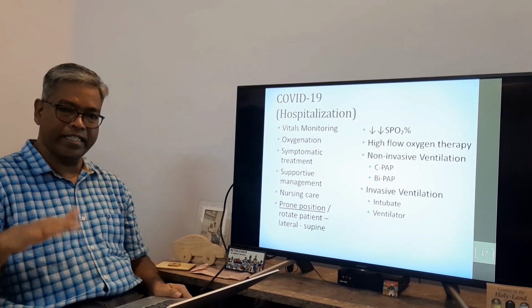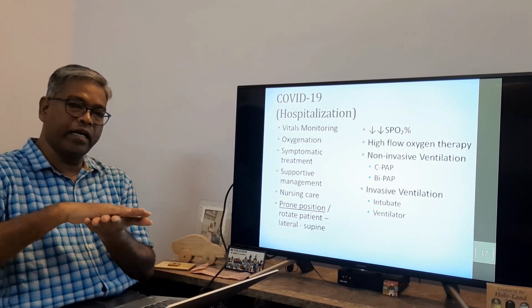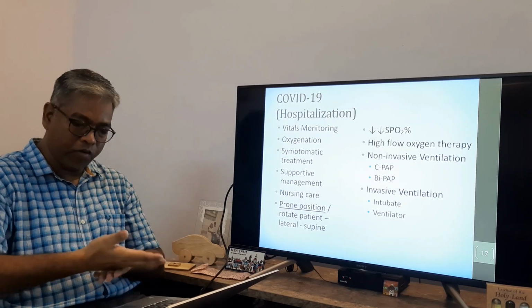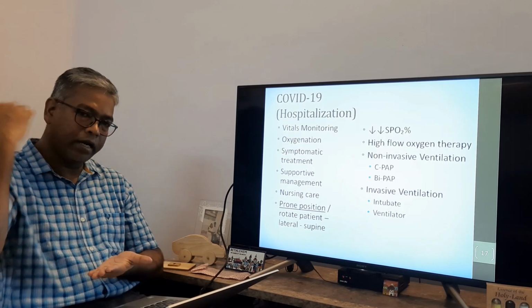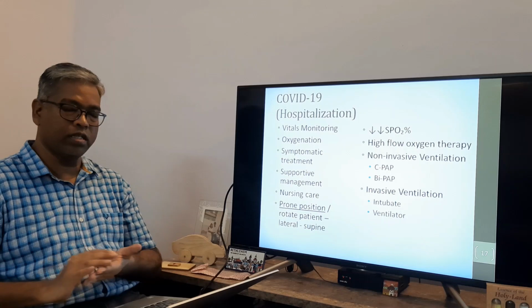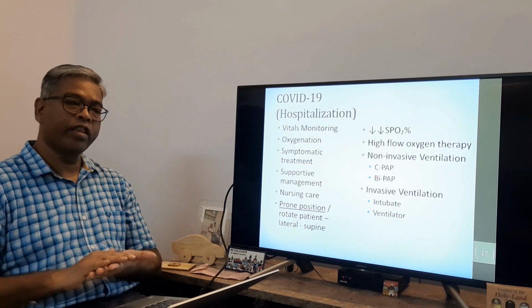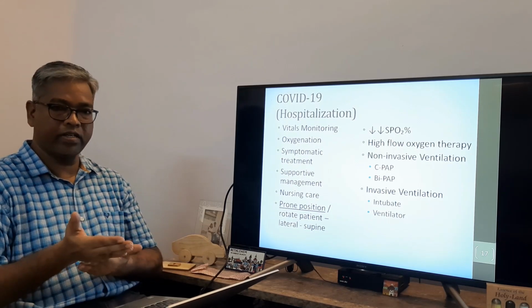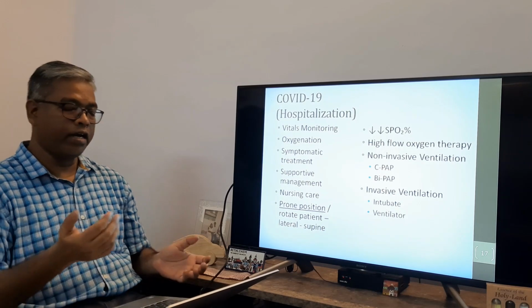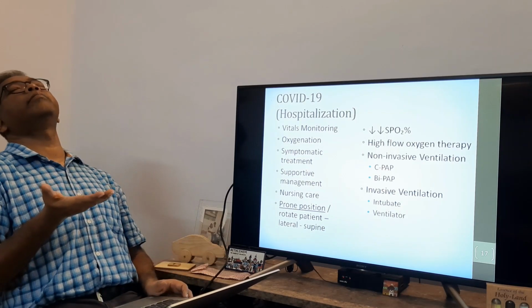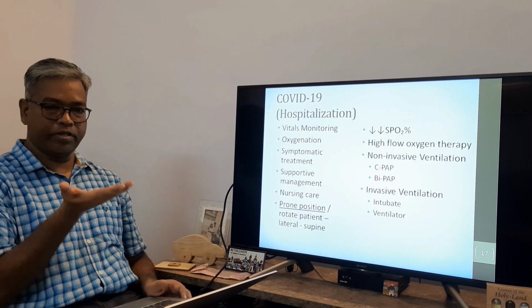If, suppose, in ICU the patient is lying upside down, meaning chest down on the bed and back facing the ceiling, and then lateral, left side, right side, and supine, meaning making the patient sleep straight on the back.